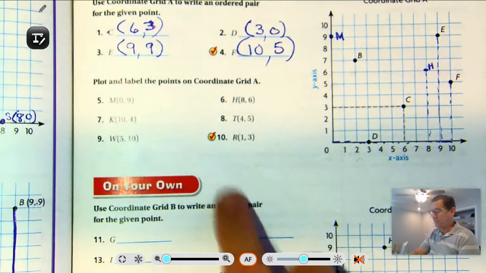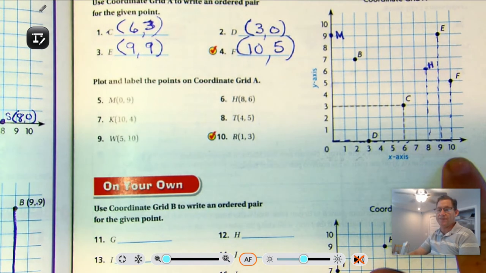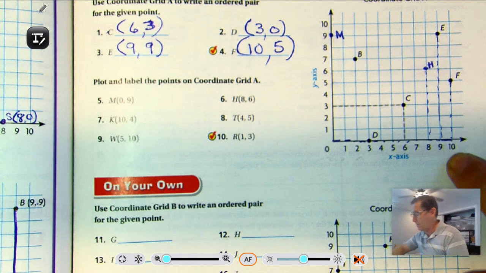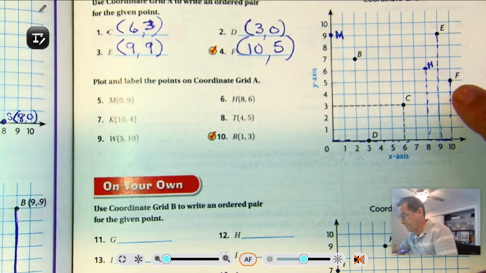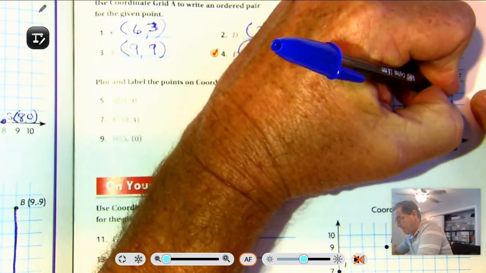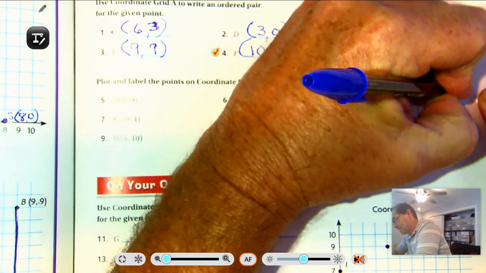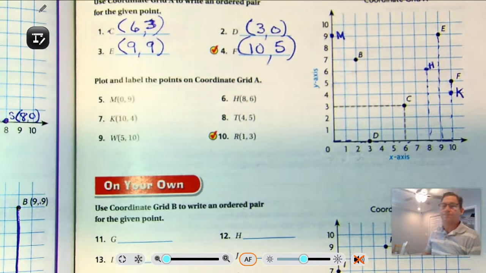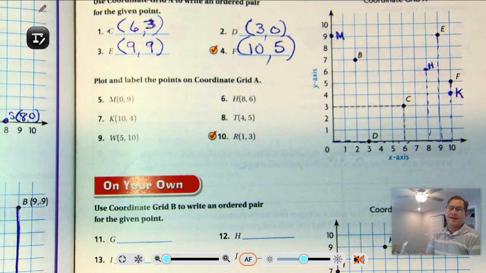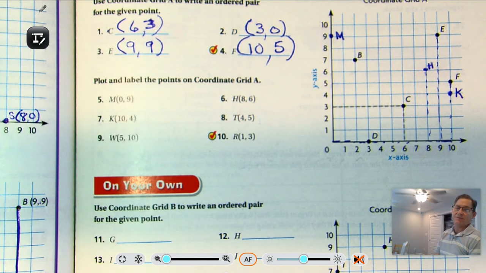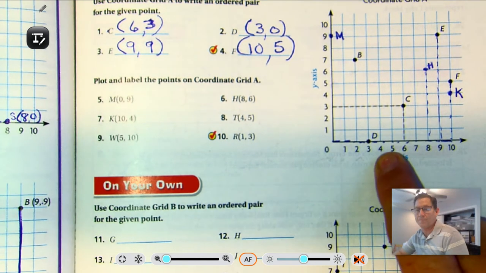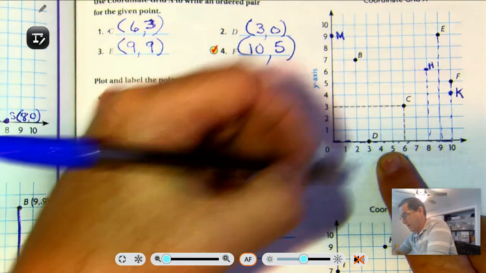K is located at 10, 4. So where our x comes first, we're going to go to the right first, 10 spaces, and then up 4. 1, 2, 3, 4. For T, we're going to go to 4 and then we'll be going up to 5.